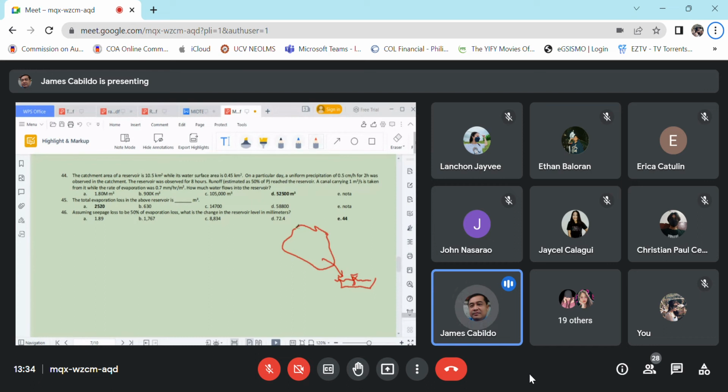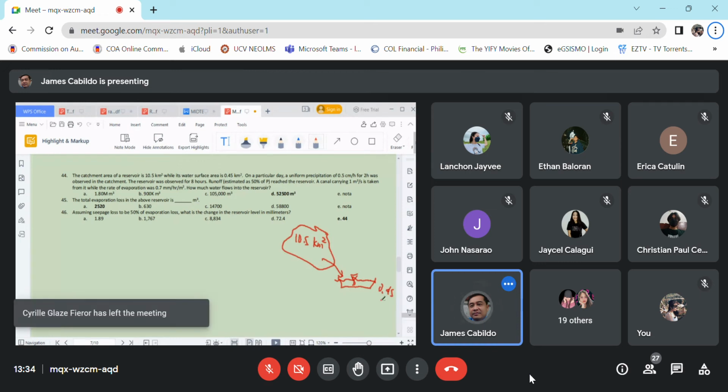So ito yung catchment natin, ang area is 10.5 square kilometer. Tapos itong reservoir natin ay meron tayong surface area average na 0.45 square kilometer.